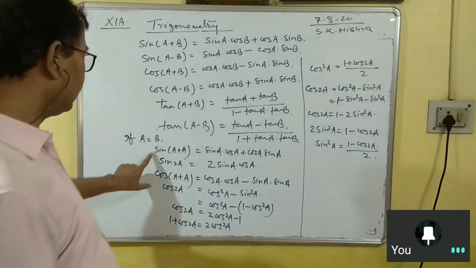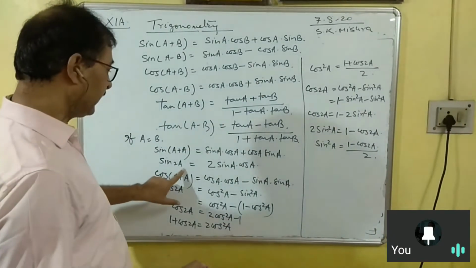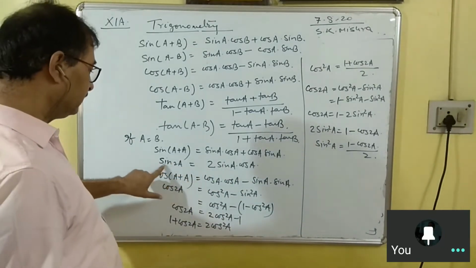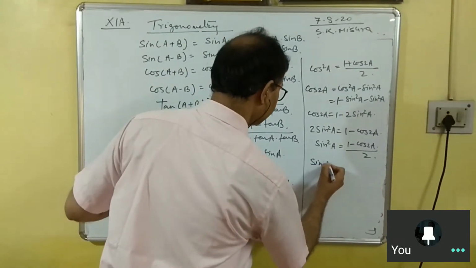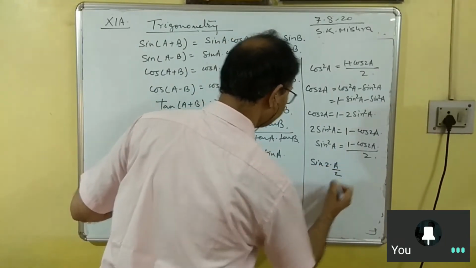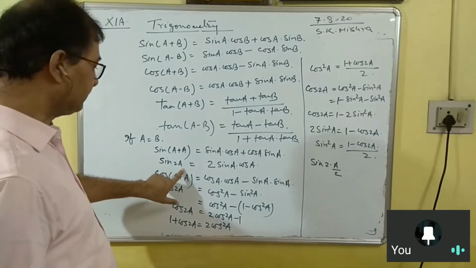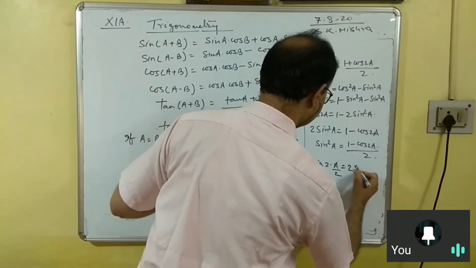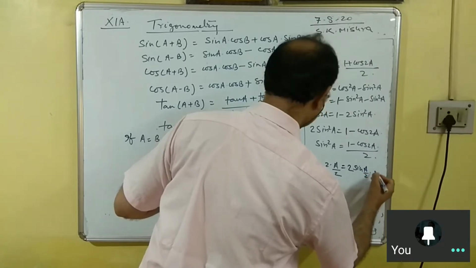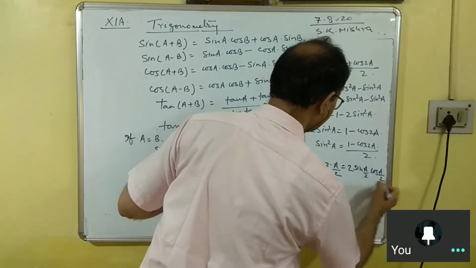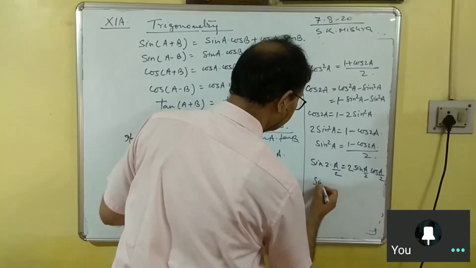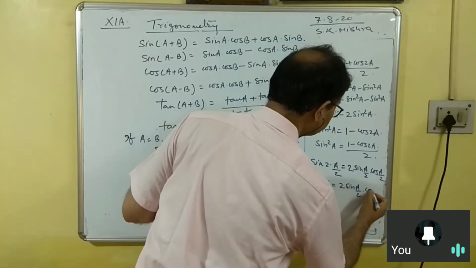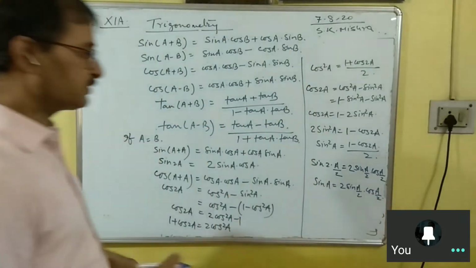Then the formula reduces: sin 2A is 2 sin A into cos A. The moment you replace A by A by 2, sin A is equal to 2 sin A by 2 into cos A by 2.